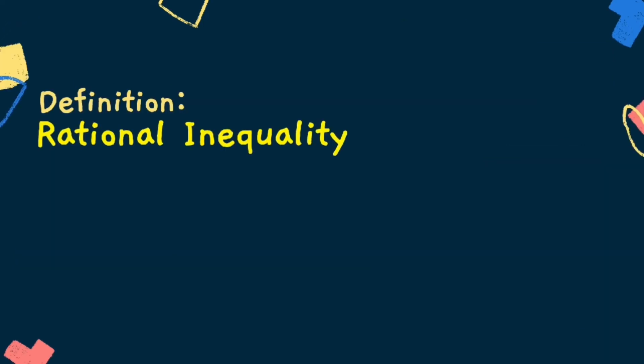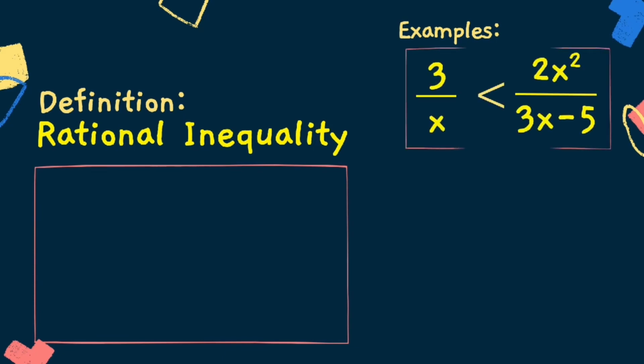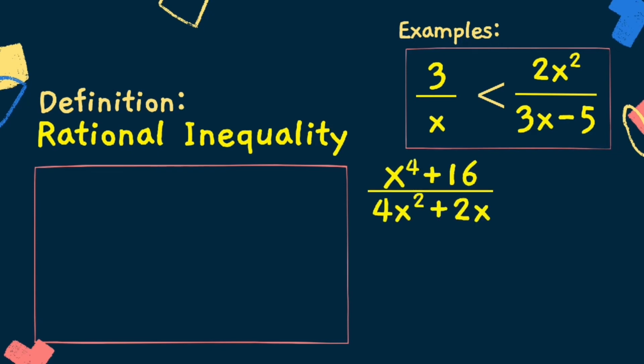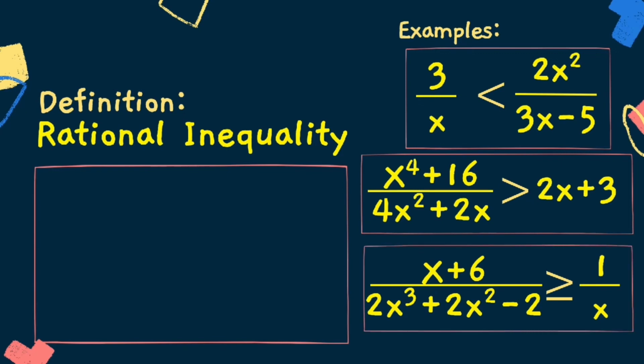We also have another one which we call rational inequality. Here, it is easy to identify a rational inequality because of the presence of symbols such as less than or greater than, or simply less than or equal to, or greater than or equal to.